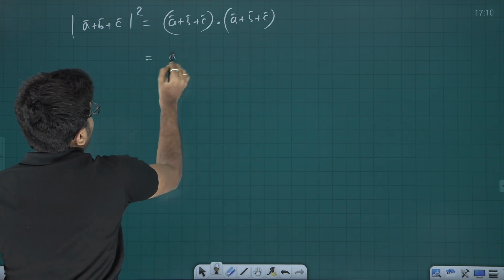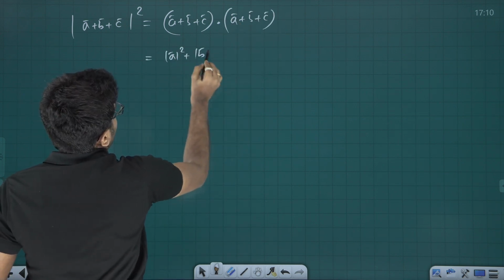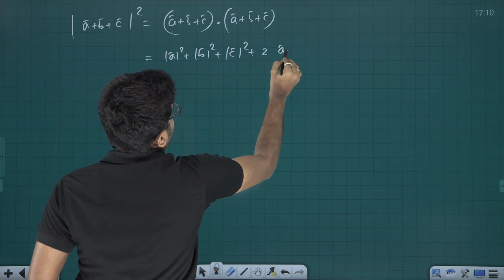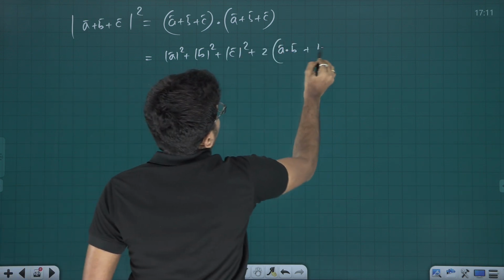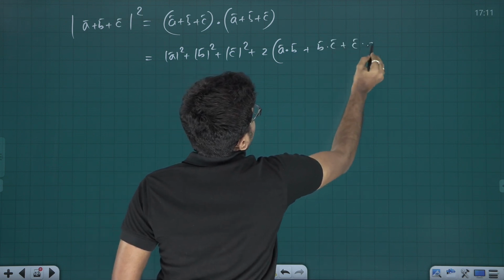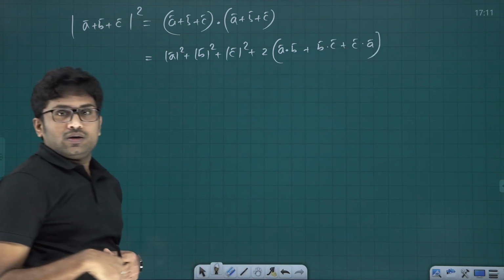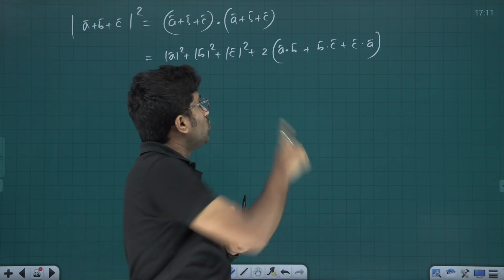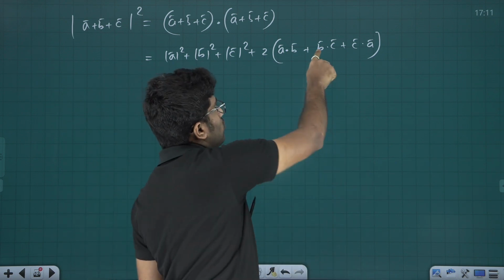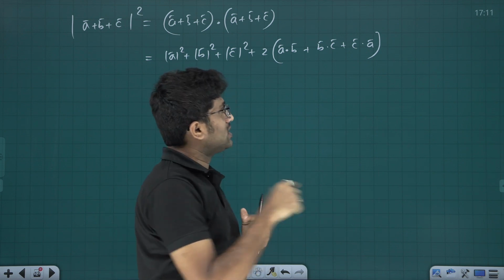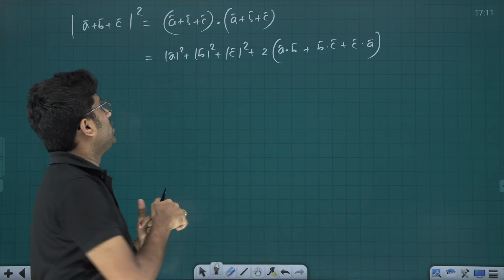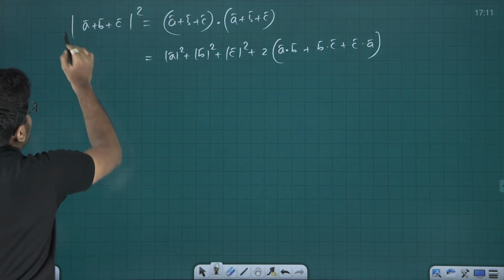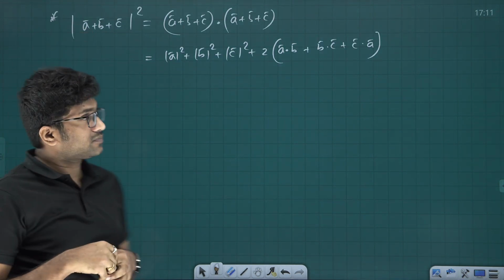So this we can write as A square plus B square plus C square plus 2 times A bar dot B bar plus B bar dot C bar plus C bar dot A bar. If alpha is the angle between A bar and B bar, this gives 2 mod A mod B cos alpha, 2 mod B mod C cos beta, 2 mod C mod A cos gamma. So we use this formula also. These two formulae and this one are very important formulae.